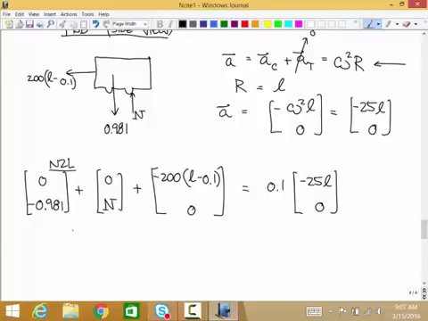And so the first equation says negative 200 times L minus 0.1 is equal to negative 2.5 L. You can cancel the negatives. So you get 197.5 L is equal to 20.